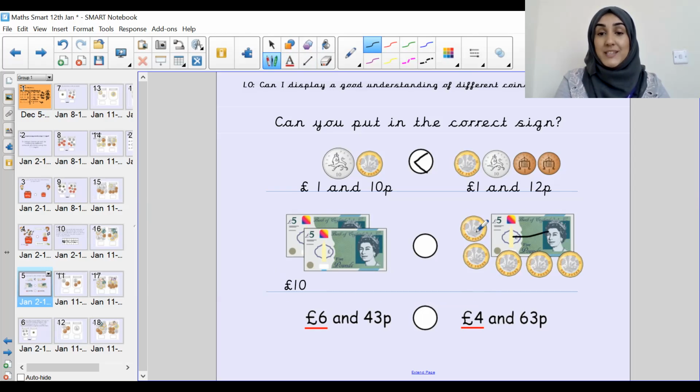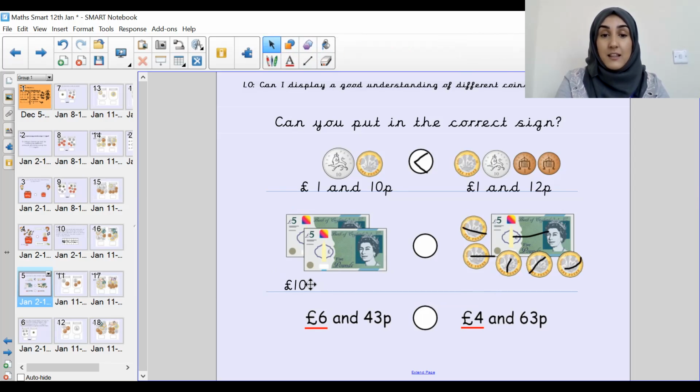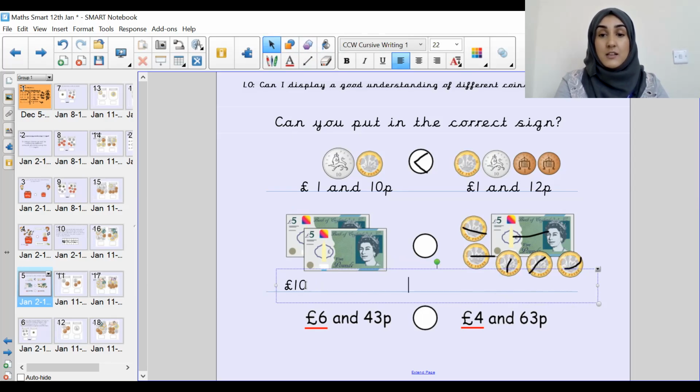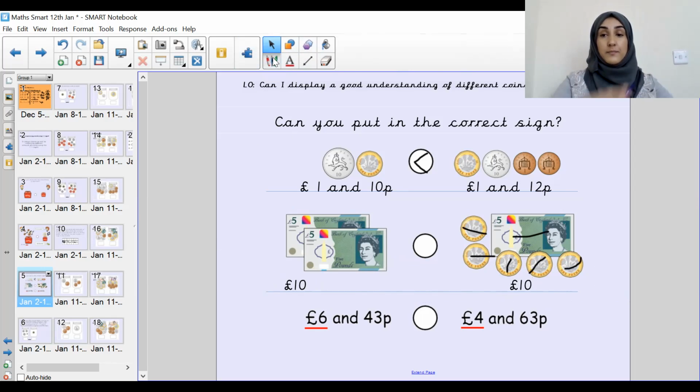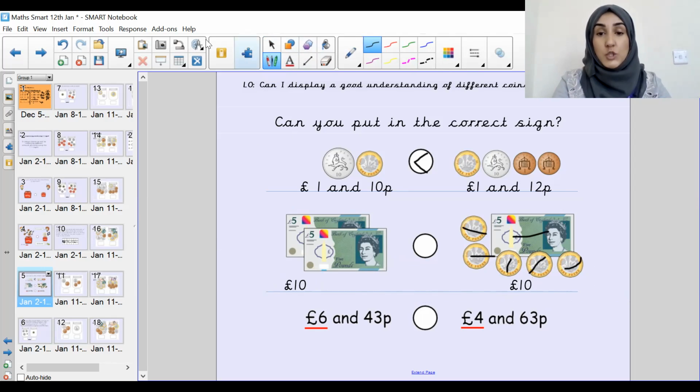Add one more is 6, 7, 8, 9, 10. Wow, you were not expecting that, Morris class. So on this side is also £10. So which sign do we need to put in the middle? Equal to. Well done. Brilliant job.